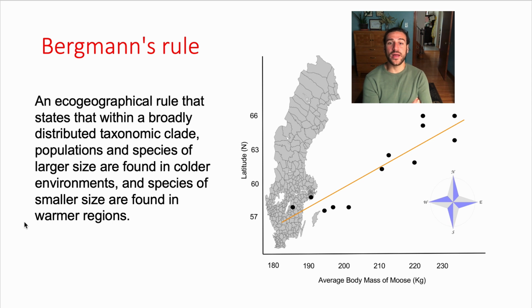The way I want you to remember this is, the B in Bergmann refers to body. So Bergmann and body size. This rule suggests that the further away you are from the equator, the larger the body size is actually going to be.